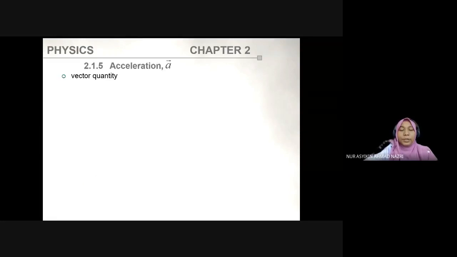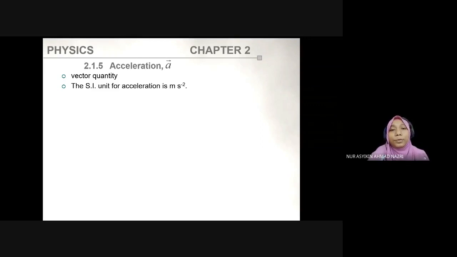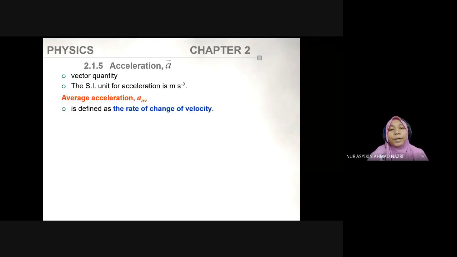Alright. So acceleration. Acceleration also one of the important parameters that you need to consider when dealing with motion. Okay. So acceleration is defined as the rate of change of velocity. So simple je lah.